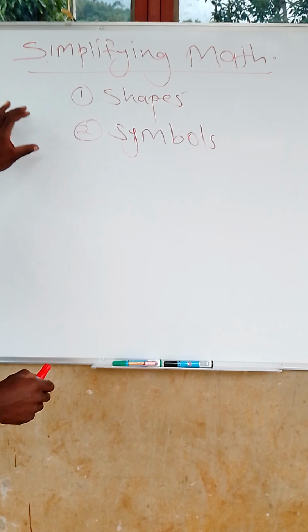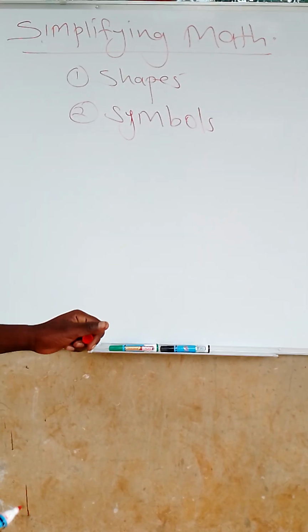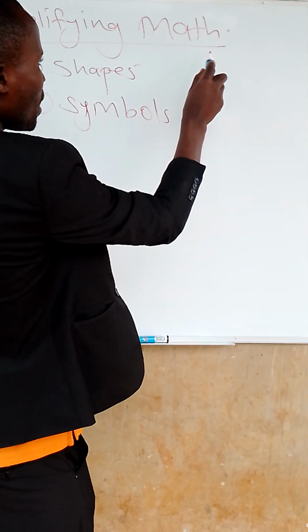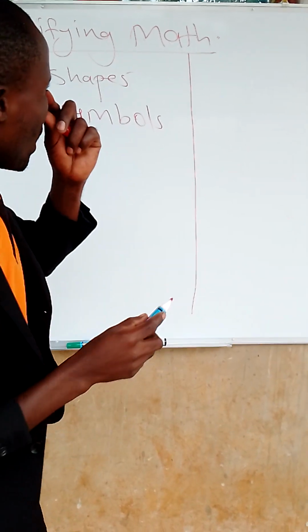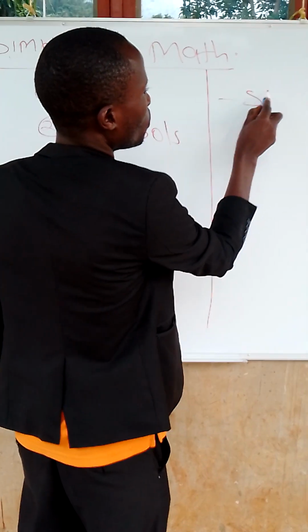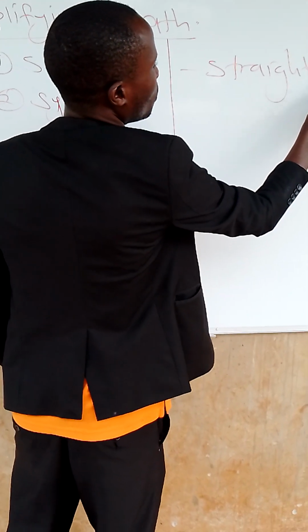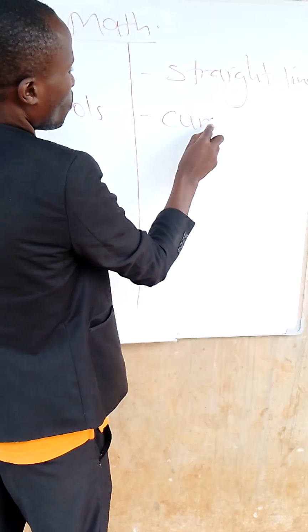We want to see how shapes are formed. Shapes are formed by intersecting lines. We have two kinds of lines. We have straight lines, and we have curved lines.